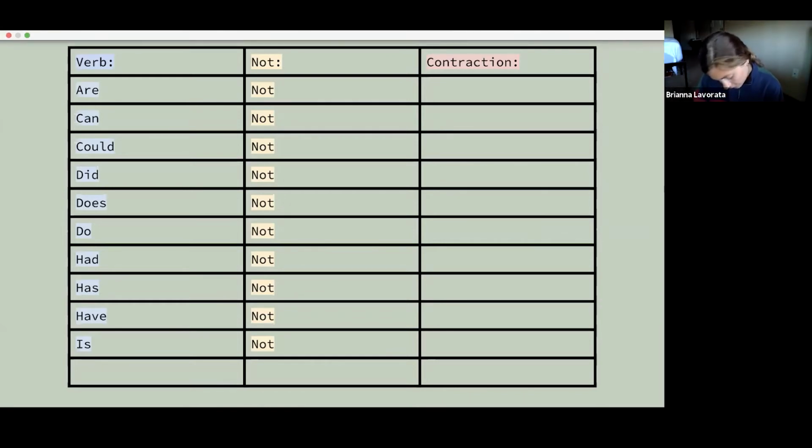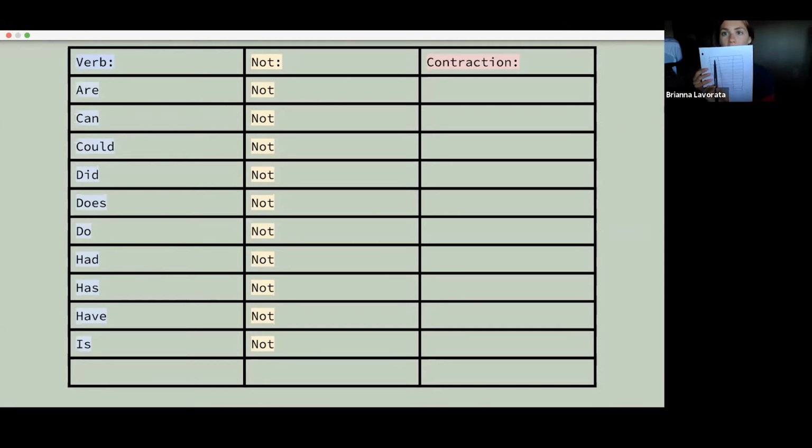1, 2, 3, 4, 5, 6, 7, 8, 9, 10, 11. Okay, just like this. So now I'm going to count and make sure.